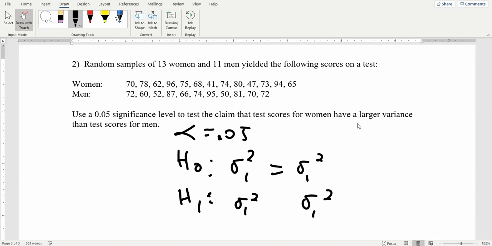It says larger, but I don't know which one is the women and which one is the men. I can't say for sure yet because I don't know which one has a larger standard deviation, so I had to find that first.